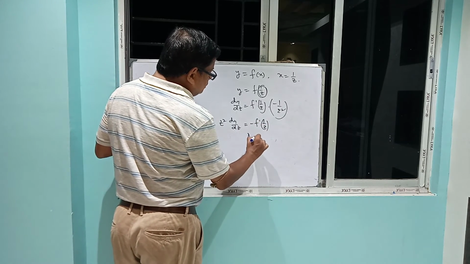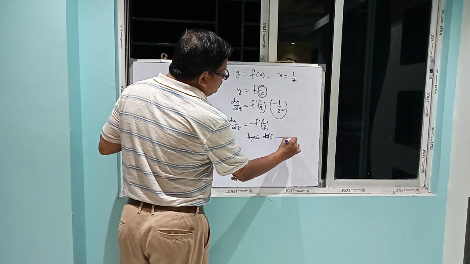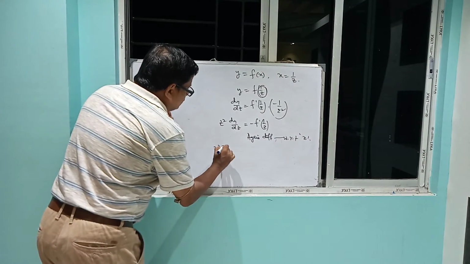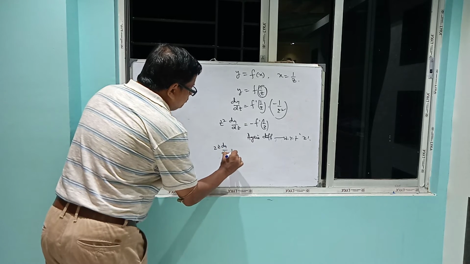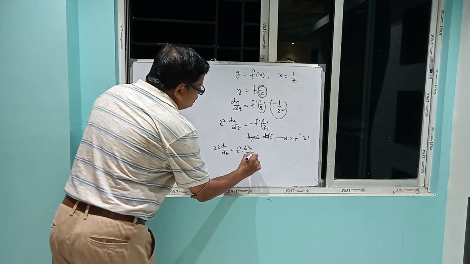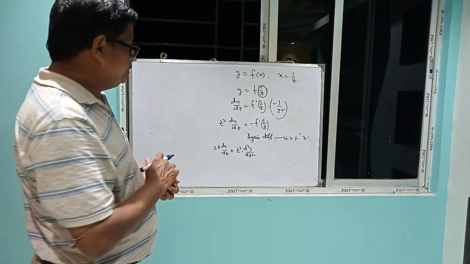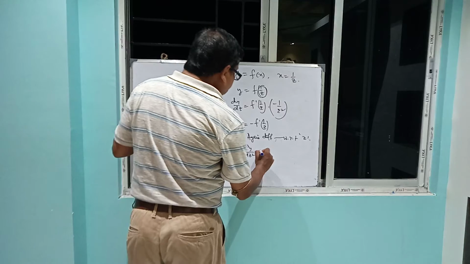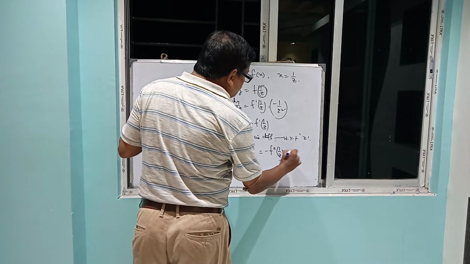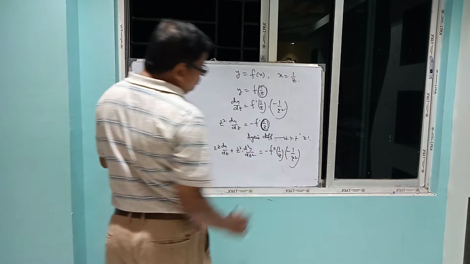Again differentiate with respect to z. So 2z dy/dz plus z square d2y/dz2 equals minus f double dash (1 by z), again times minus 1 by z square.